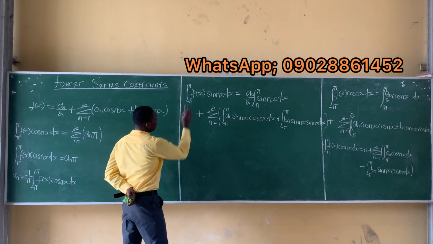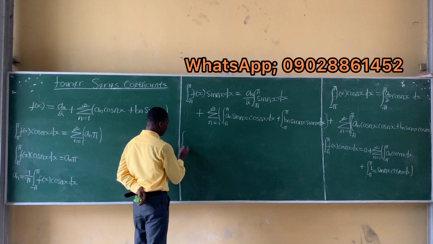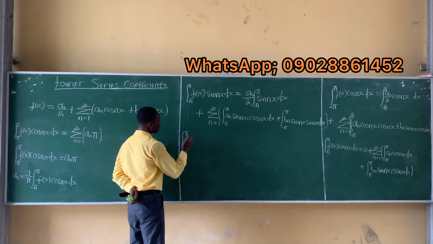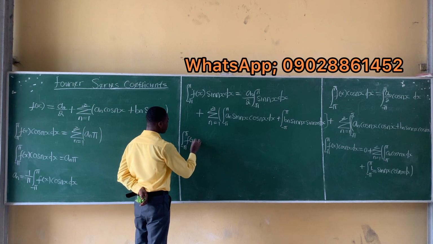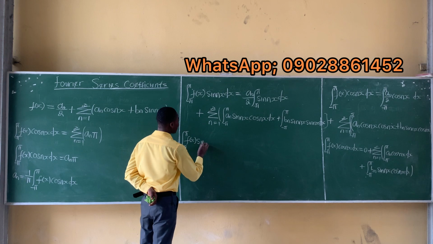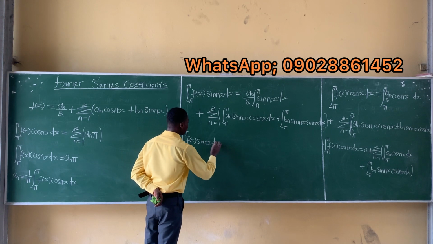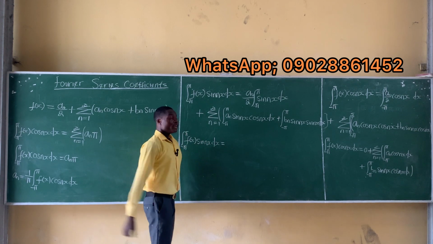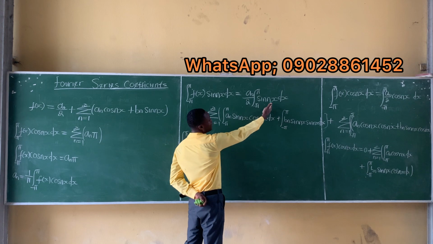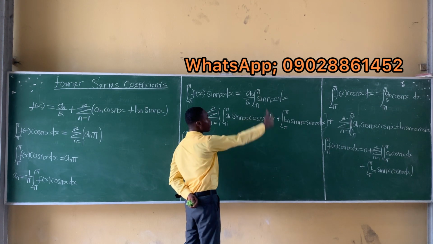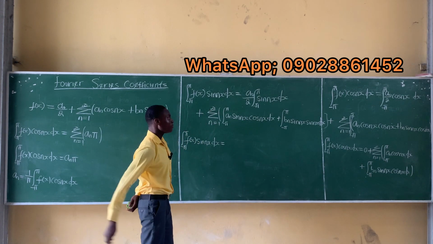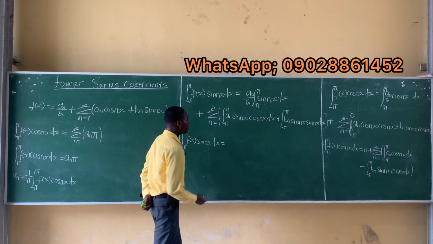And of course, we are going to have the integral from minus pi to pi of f of x sine nx dx, and this is equal to, if we integrate sine nx with respect to x over a single period, you have 0. We have seen that in integral of periodic function.